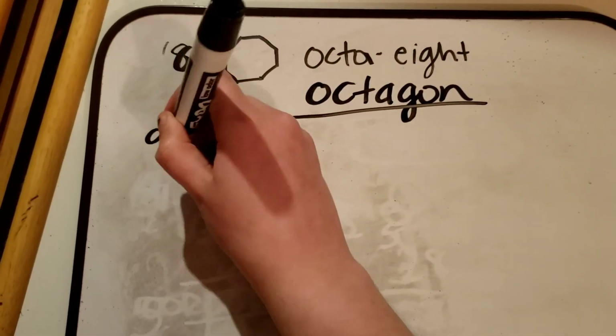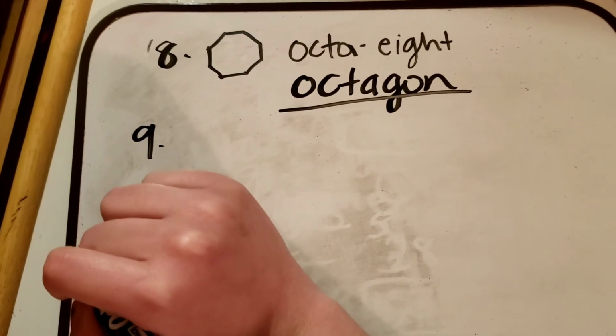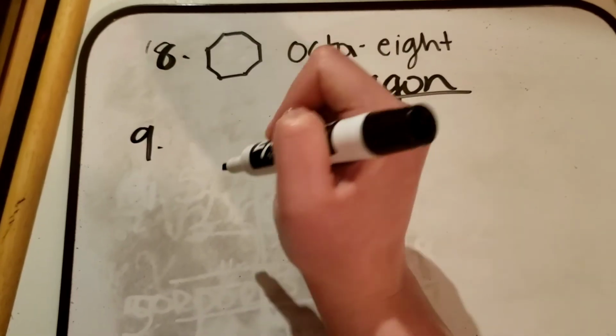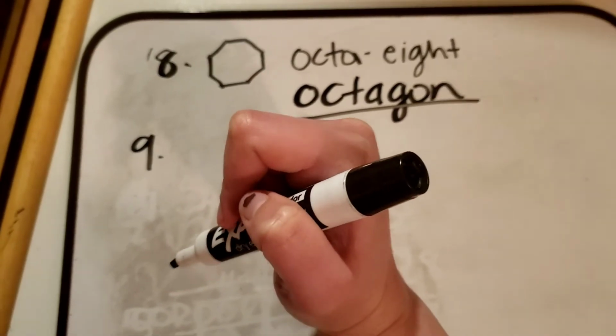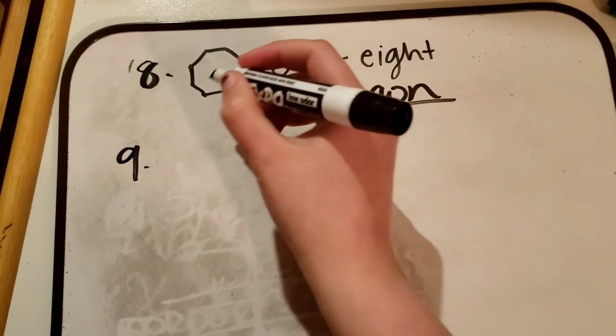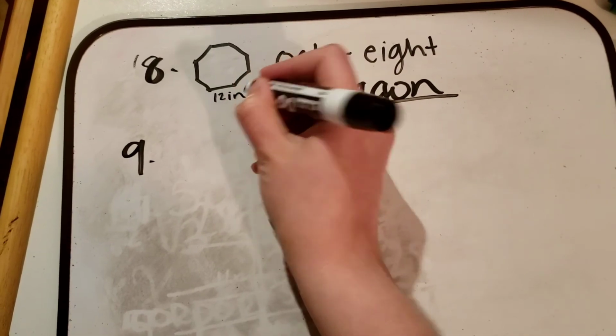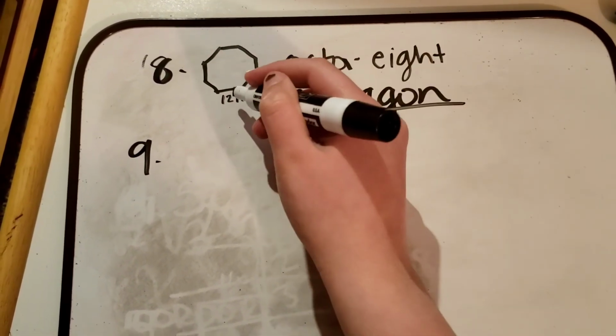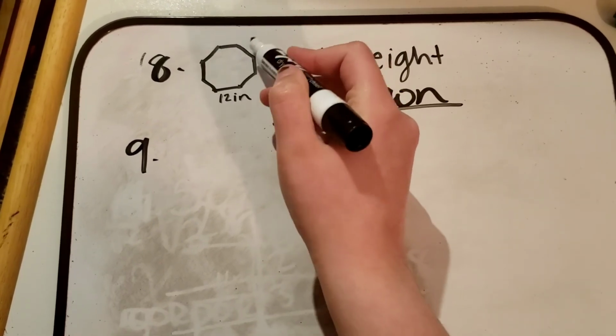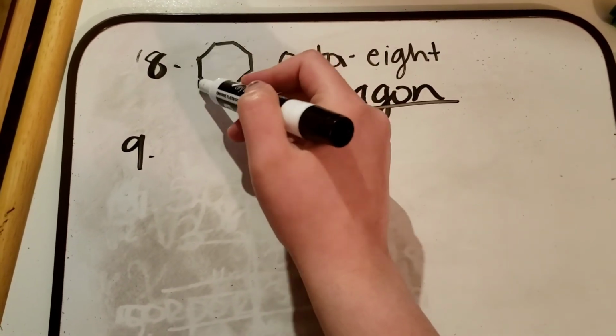Now number 9 goes with number 8 because it says if each side of the polygon from number 8 measures 12 inches, then what is the perimeter? So if each of these were 12 inches, perimeter means we're going to add up all the sides. So we could add 12 plus 12 plus 12 plus 12 plus 12 plus 12 plus 12 plus 12.